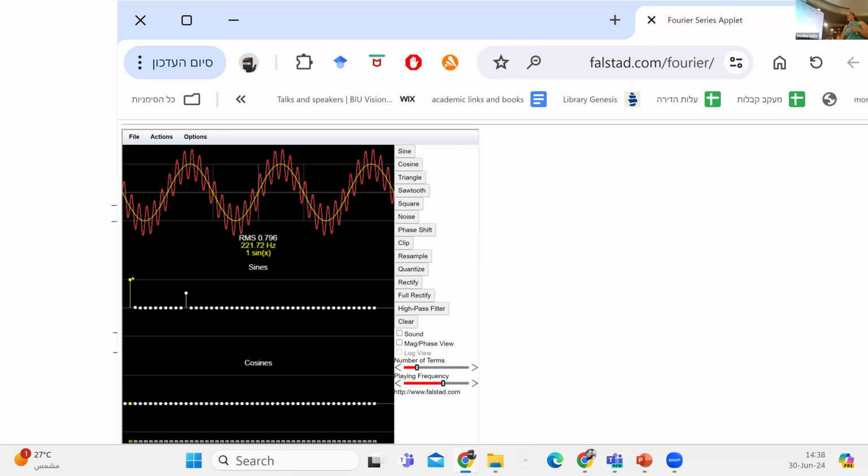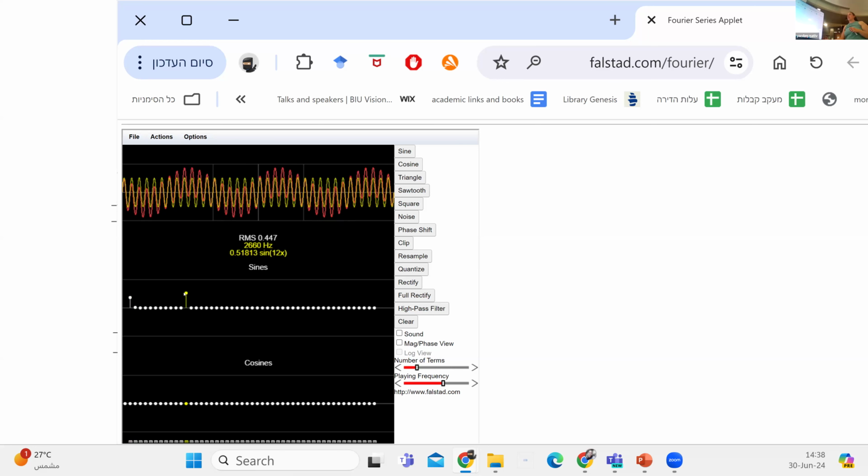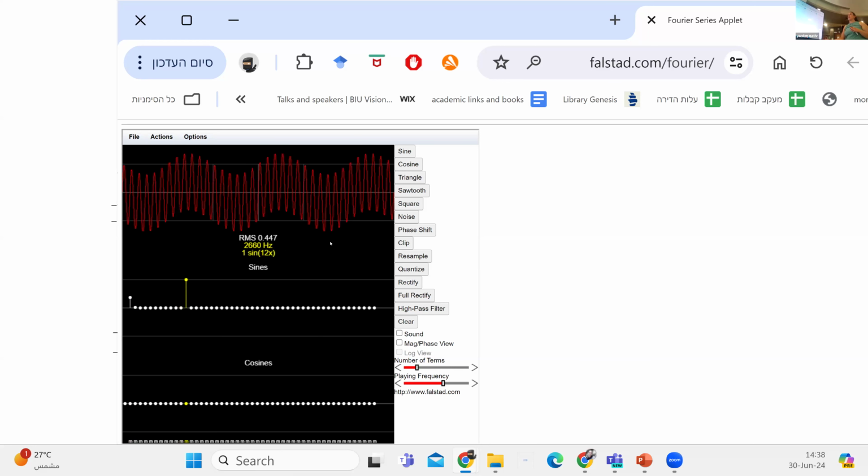But if I change the relation between them, so I can have a much smaller one for this one, and this one will be the maximum, then I see much stronger in my signal the higher frequency, right?